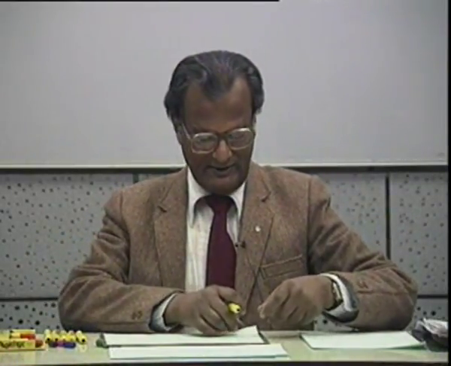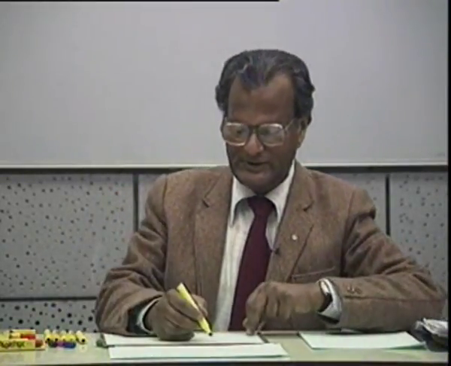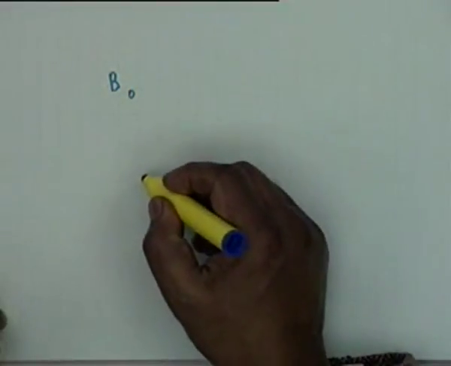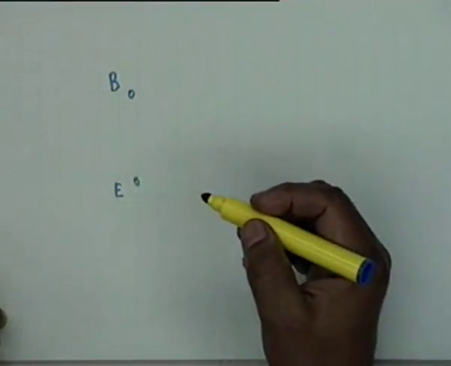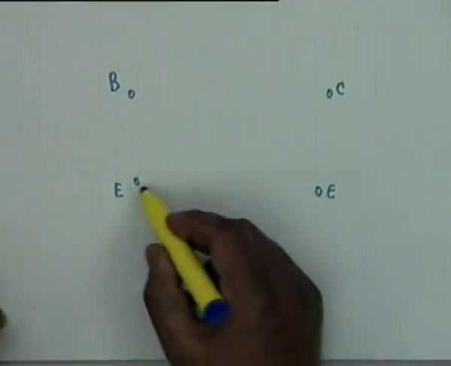We have already seen a very simple equivalent circuit of a transistor. That is, we have said that if this is the base and this is the emitter, a common emitter, and this is the collector, this is the emitter.